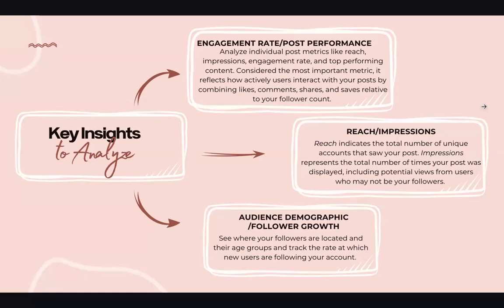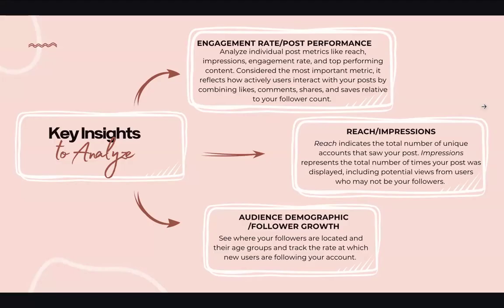So, key insights to analyze are the engagement rate and post performance. So, you want to look for likes, comments, shares, follows, saves. This is all relative to your follower count. This will help you grow your Instagram. Reach and impressions. So a reach indicates the total number of unique accounts that saw your post. So actually saw your post, and impressions represents the total number of times your post was displayed.